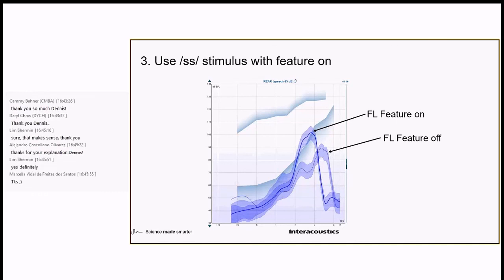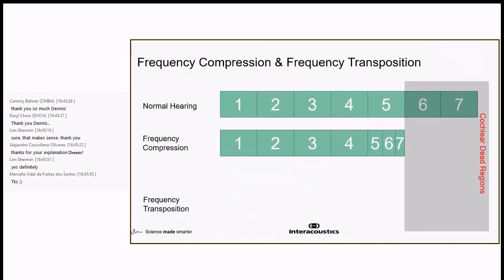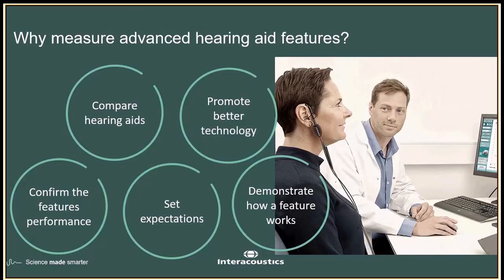Just as a final point, I think counselling is quite useful. This is a really nice thing to be able to show, to explain and counsel these types of features. I know at the start of my presentation I explained why we should do this, and we can demonstrate. I think one of the things that's probably skipped over through demonstration and setting expectations is the overall application of counselling here.